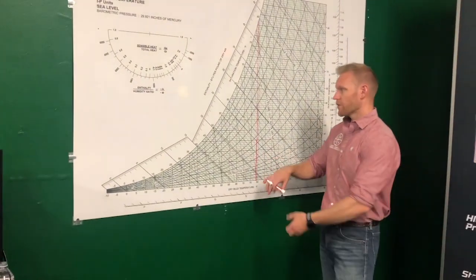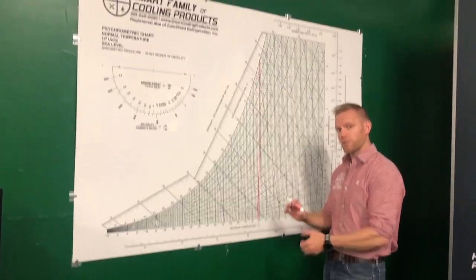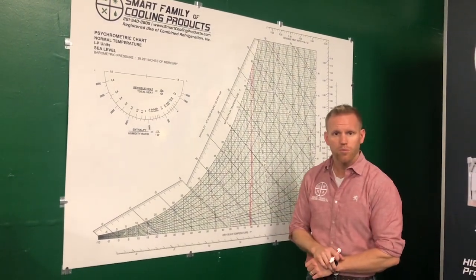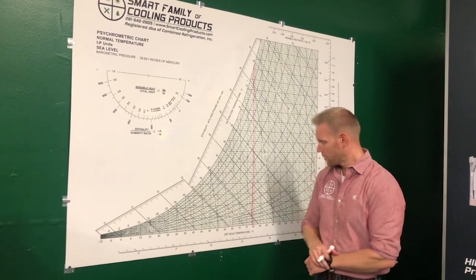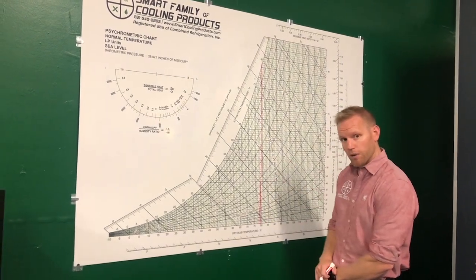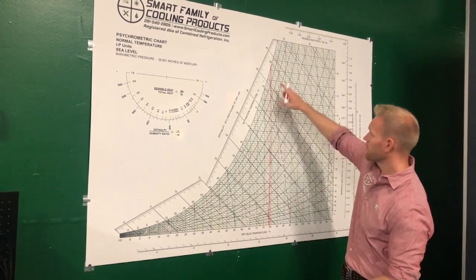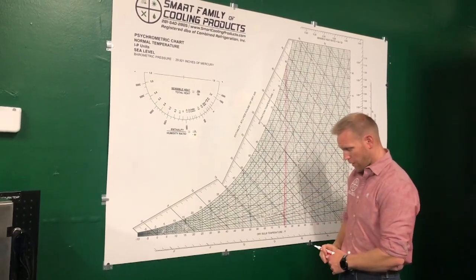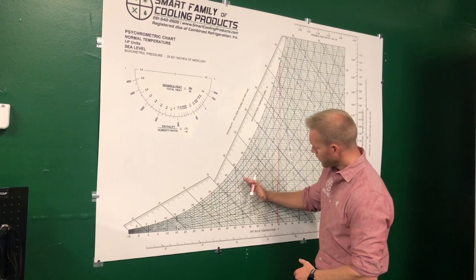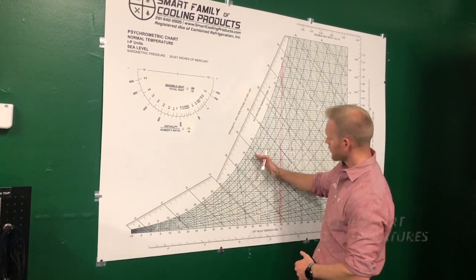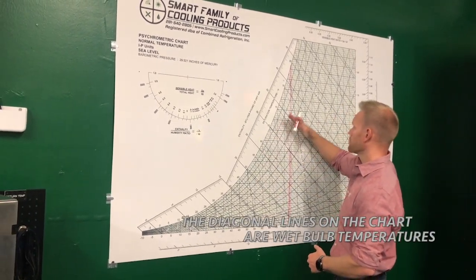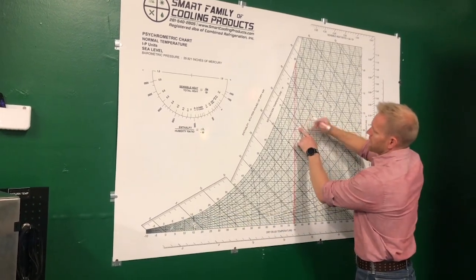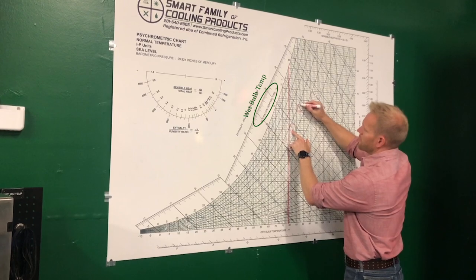So if I wanted to know the characteristics of the air in this room and I wanted to plot it on the Psych chart, I would have to find 74.8 degrees Fahrenheit wet bulb and then 79 degrees dry bulb. Well, I plotted our 79 degree dry bulb, so now all I need to do is find our wet bulb temperature. Wet bulb temperatures are going to be these diagonal lines going across the chart. And we said we were at 74.8, so we see 70 right here and 75.